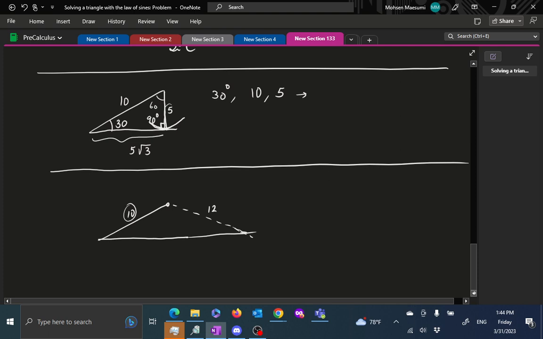Okay, so it hits one spot here, and you can go ahead and calculate the angles and sides and everything, but the other side that it hits is going to be outside of the range of this angle of 30 degrees, and that solution would not be acceptable because your interior angle is not 30. Yeah, the 30 has turned into an exterior angle. So that's another possibility that you could see in some of the exercises. In that case, you have just one solution.